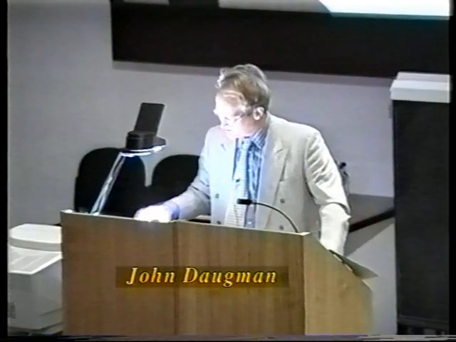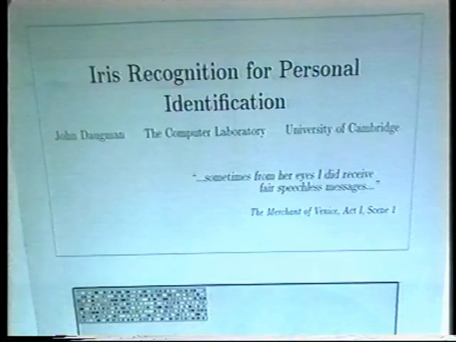Good morning. I'd like to talk to you a bit about an application of work in computer vision and statistical pattern recognition, and particularly wavelet theory in signal processing. This is the study of iris patterns for purposes of identification, in applications in which one either needs to establish, confirm, or determine the identity of a person.